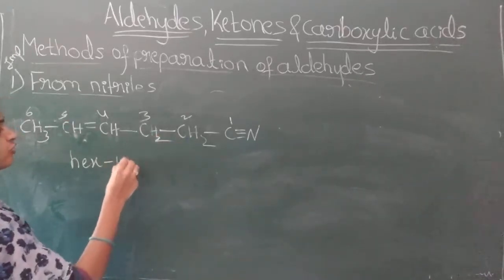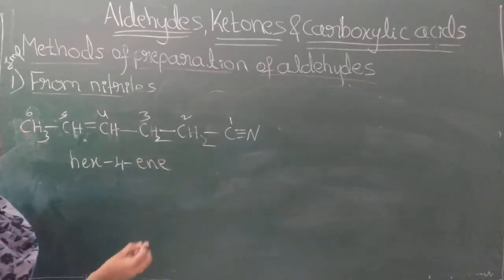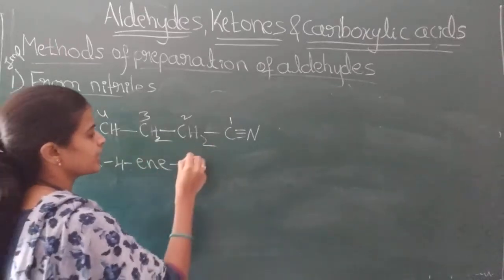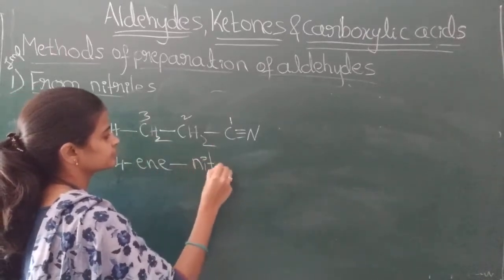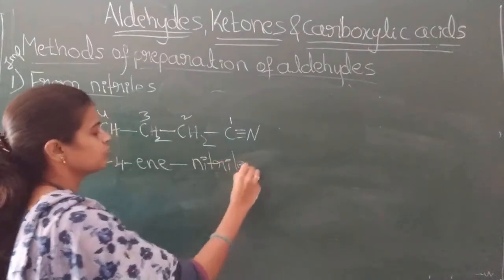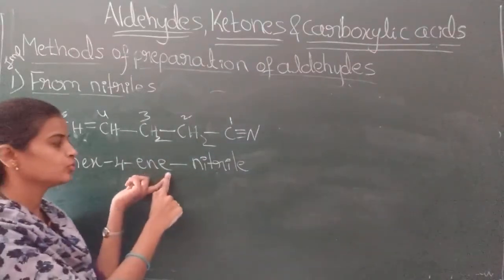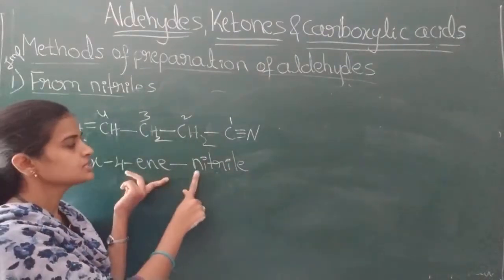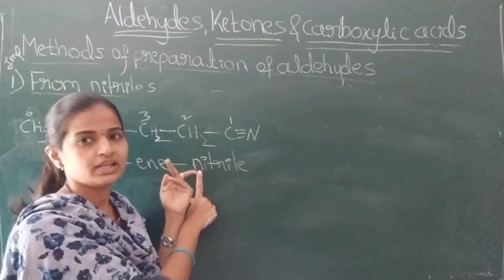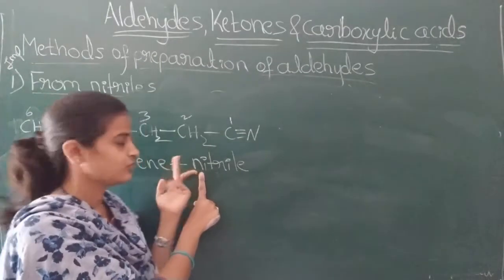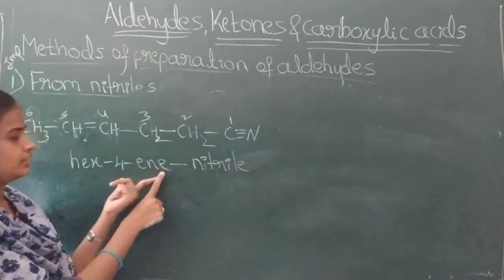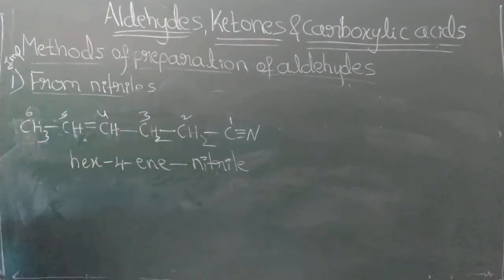Hex-3-enenitrile is the name of the reactant. Here I have not removed the last E because the suffix does not start with the letters A, E, I, O, U. Hence hex-3-enenitrile is the name.